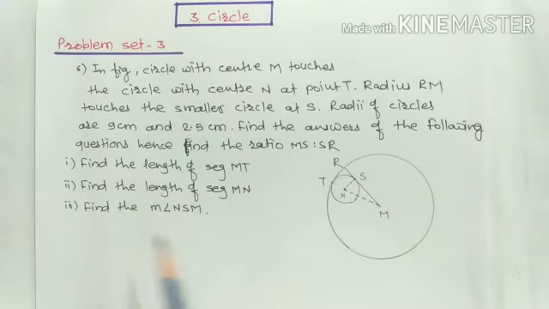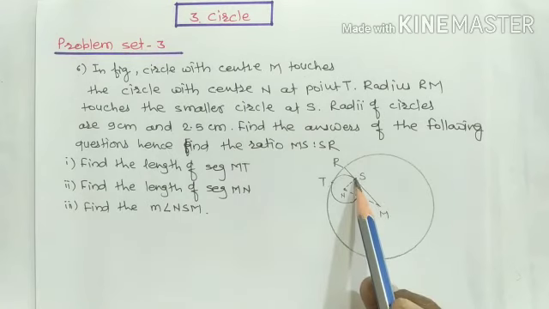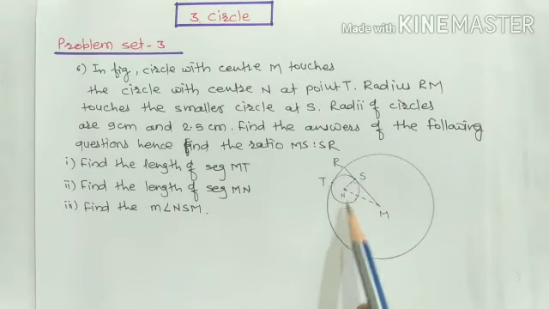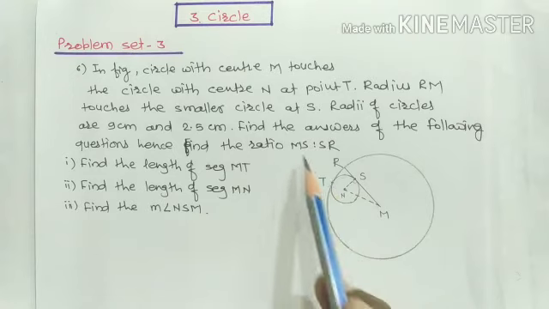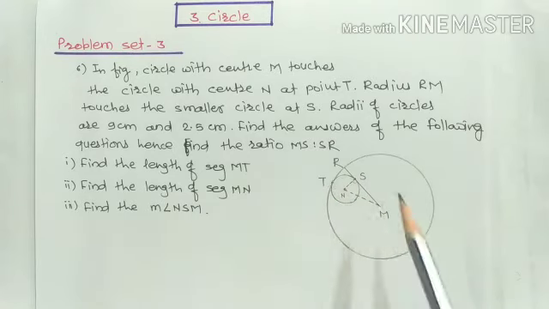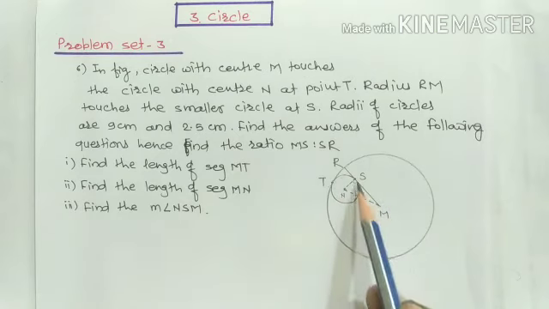Then find the measure of angle NSM. Here RM is the tangent, NS is the radius through the point of contact. Therefore this is perpendicular, and therefore angle NSM equals 90 degree. Then to find the ratio of MS is to SR, we find the length of MS by using Pythagoras theorem in this triangle.